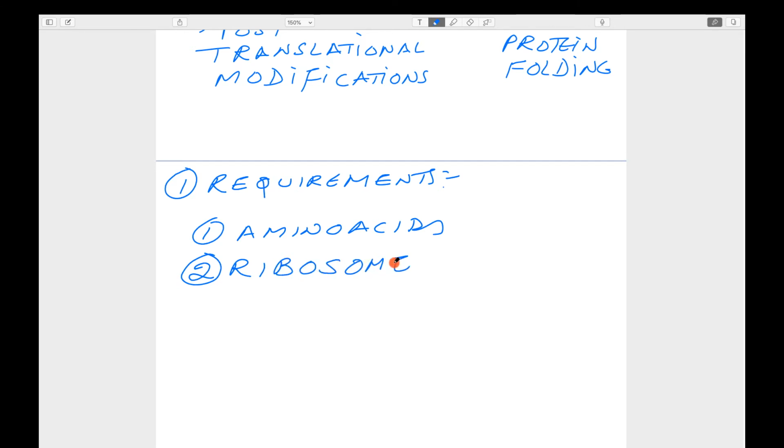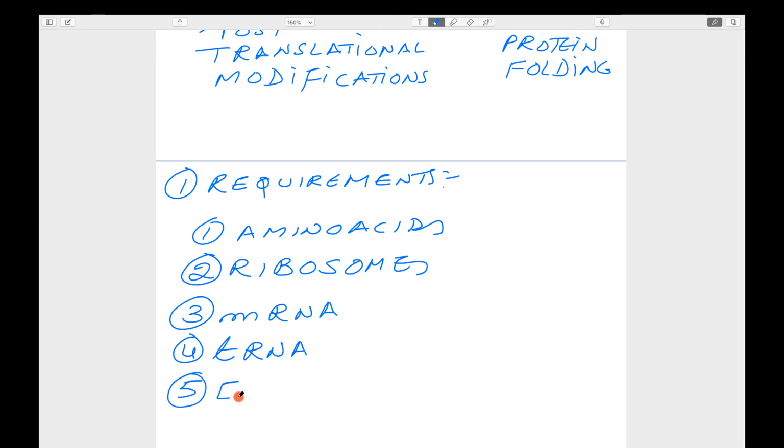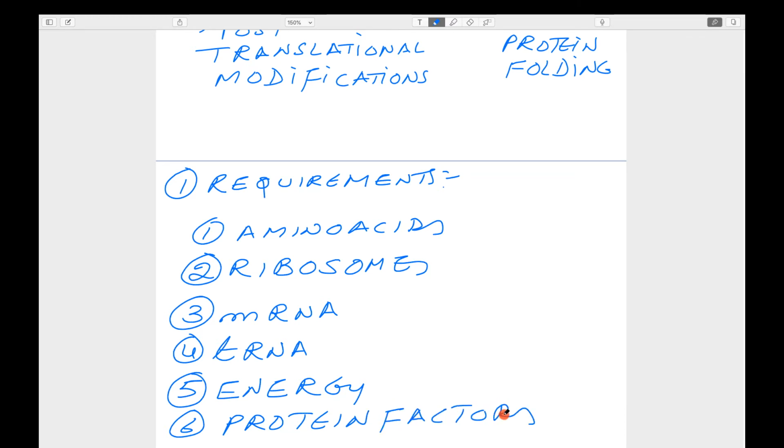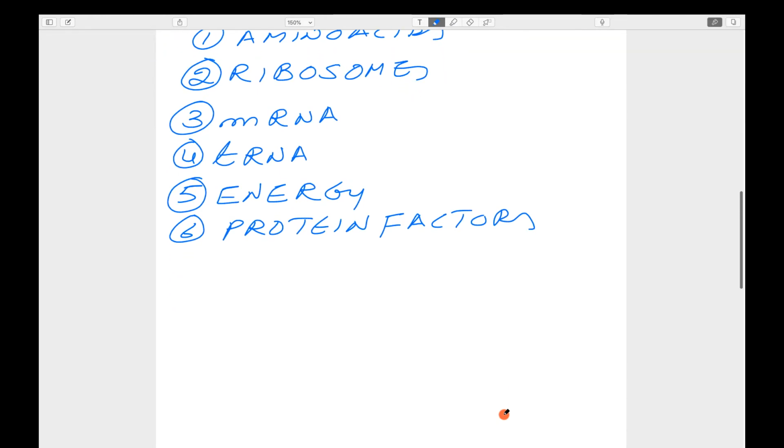Then the third one is the messenger RNA, and the fourth one is the transfer RNA. Then energy is required for protein synthesis, and the last one is protein factors, multiple factors which are required for protein synthesis. So we'll take up the various components one by one.